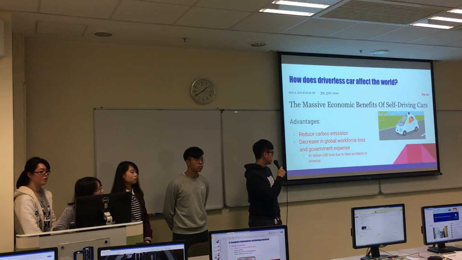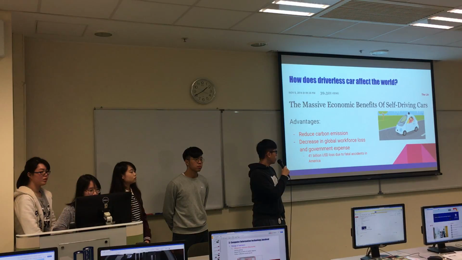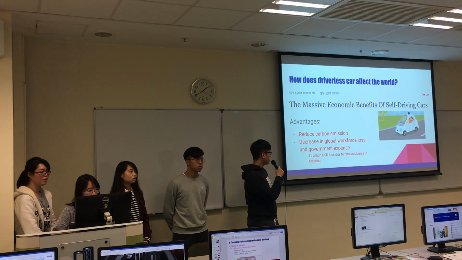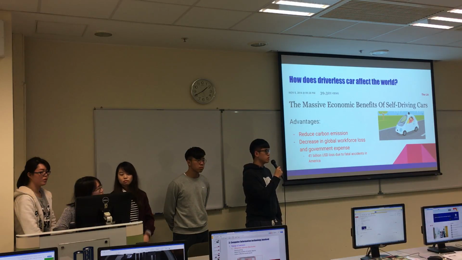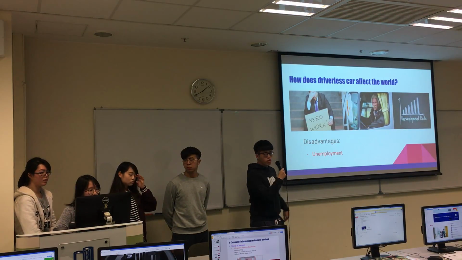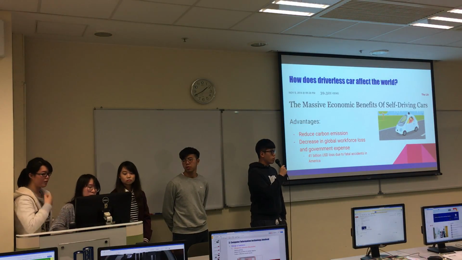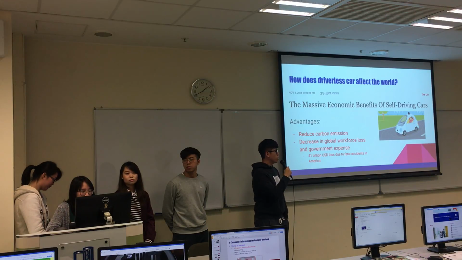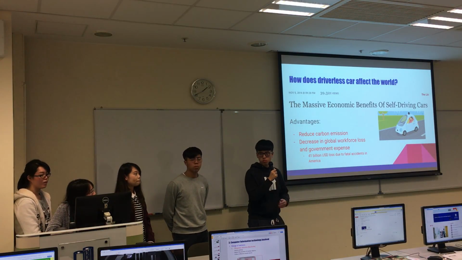There are statistics saying that there was a $41 billion US loss due to fatal accidents in America. As we can see, driverless cars can avoid those unnecessary losses. And also, it can reduce carbon emissions as the car can use fuel precisely and wisely.